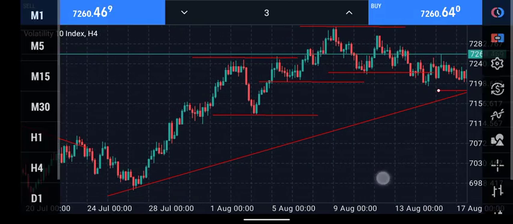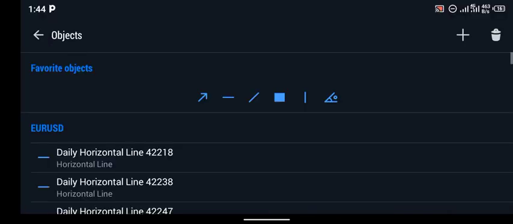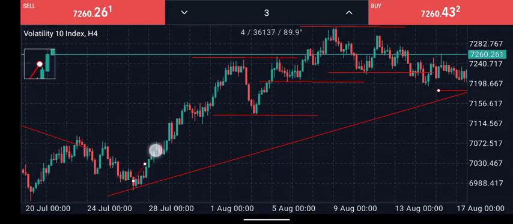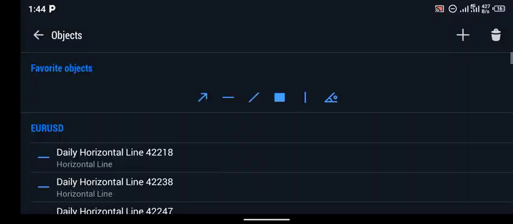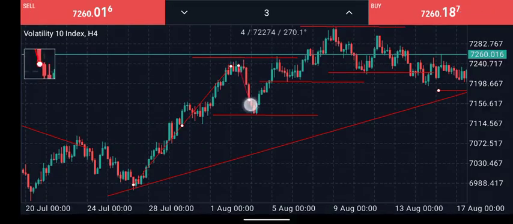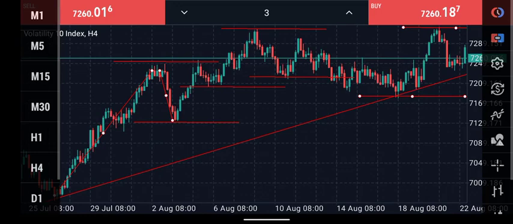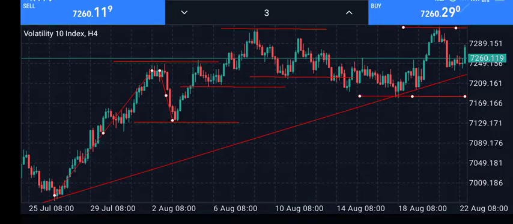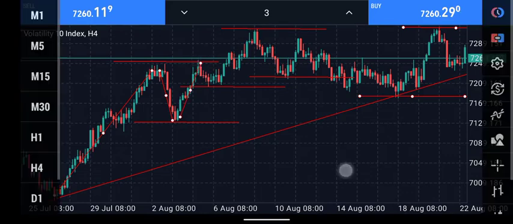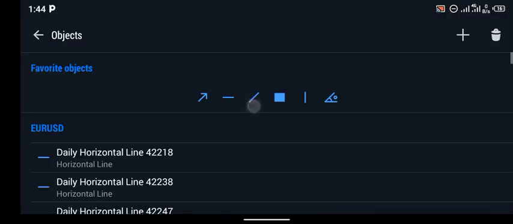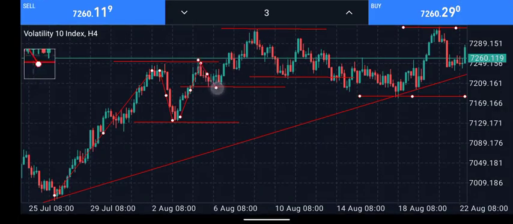So I can say, okay, now this is a higher high, and what? Higher low. Another what? Higher high. See, this is another higher high, this part here, and what? Another higher low, this short one here.